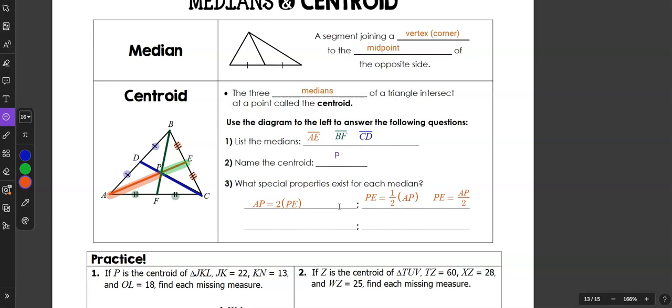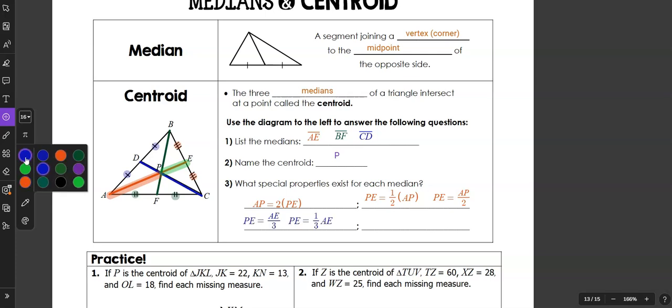But what if we need to compare a smaller segment, either the larger segment or the smaller segment, to the whole? Well, if, for example, AP were to equal 2 and PE were to equal 1, then the length of AE would be 3 units. So if AE is 3 units and PE is 1 unit, then that means that PE is 1/3 the length of AE.